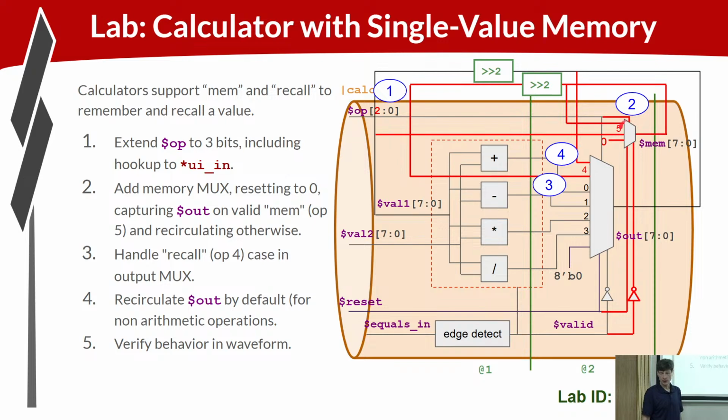We need to add this mux. As I was saying, it needs to reset to 0. It needs to support mem and recall. So the mem operation needs to grab the value from out and load that into the memory. So that will be this path. Okay.